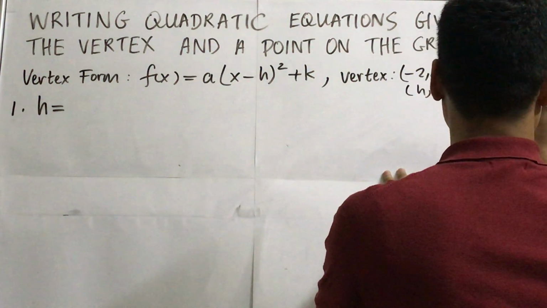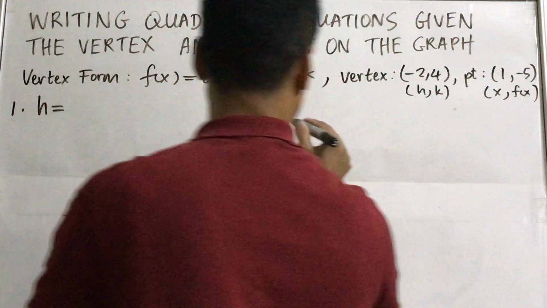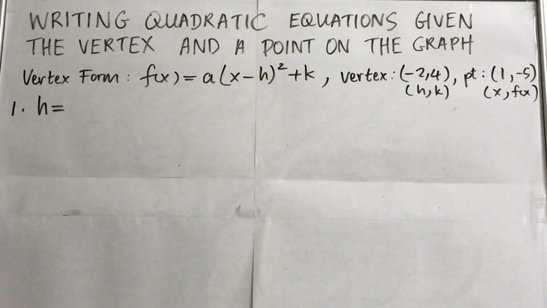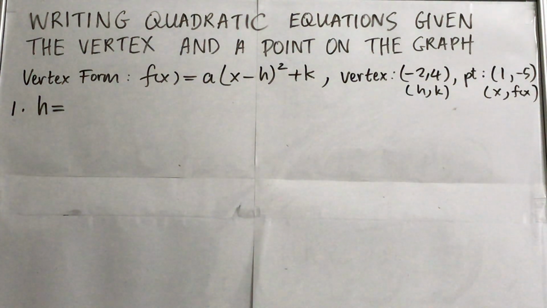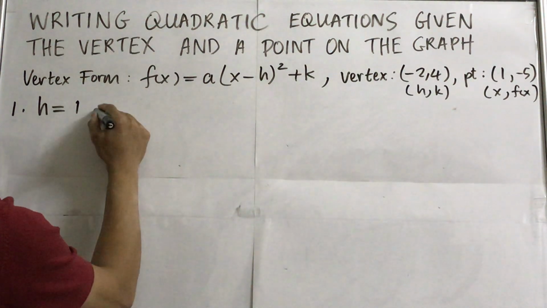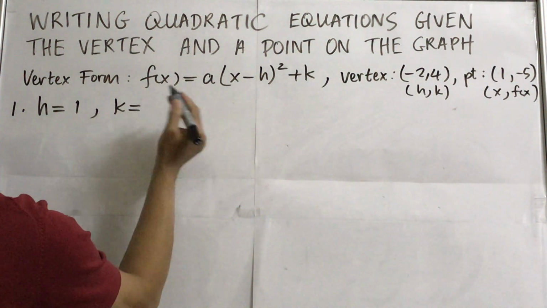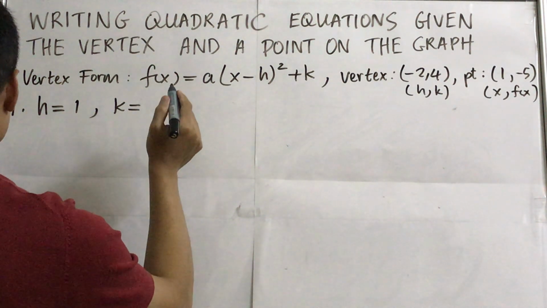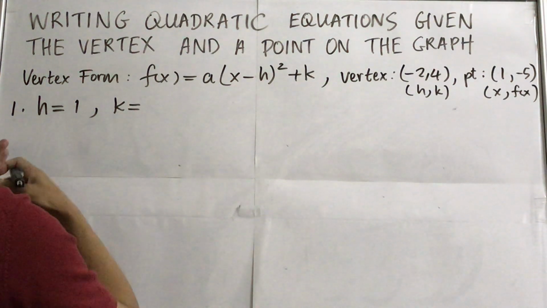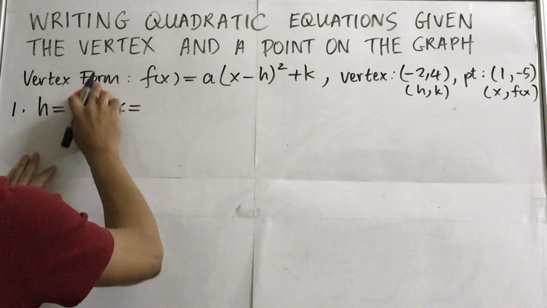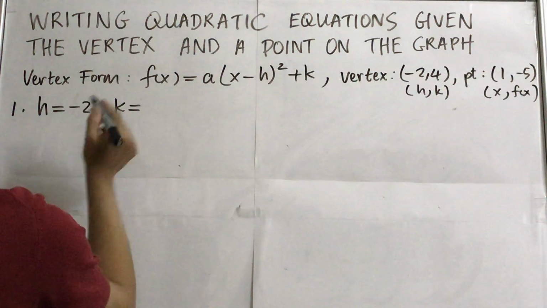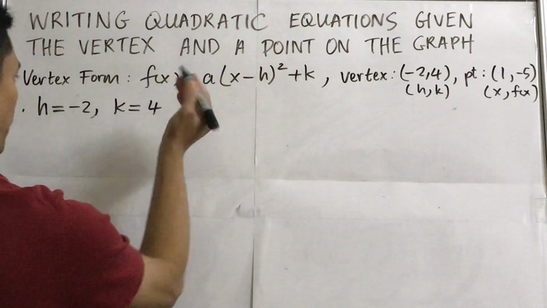It's good to actually write it next to the point that you're given, so that way it's easier to see. H is actually -2, k is actually 4.